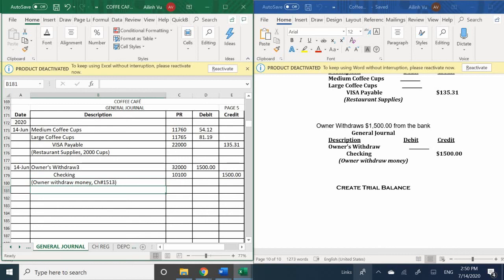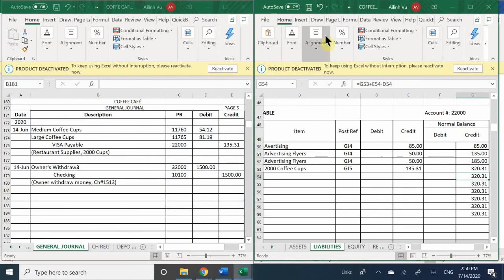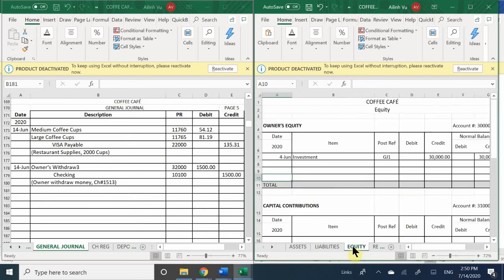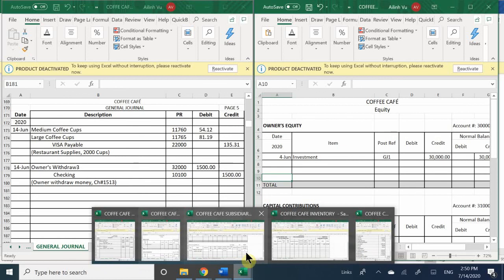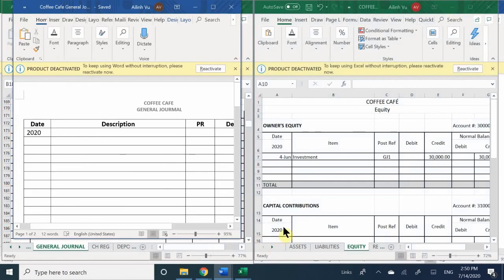Okay, so what are we going to do next? Go to our ledger. Yes, we're going to go to our ledger. Okay, now this is an equity account. We're finally diving into an equity account. So let me see what page owner's equity is.